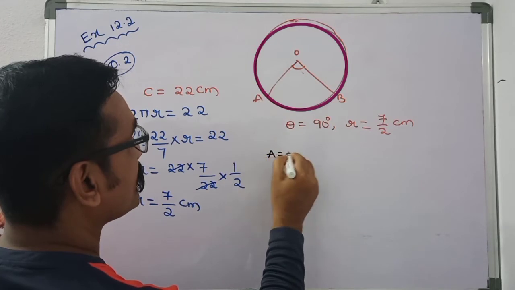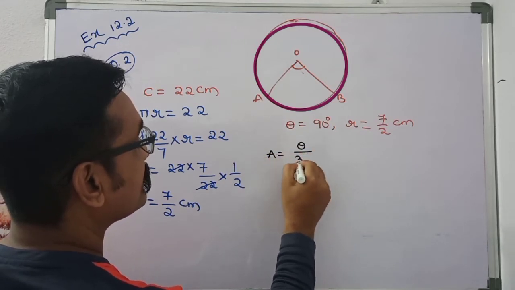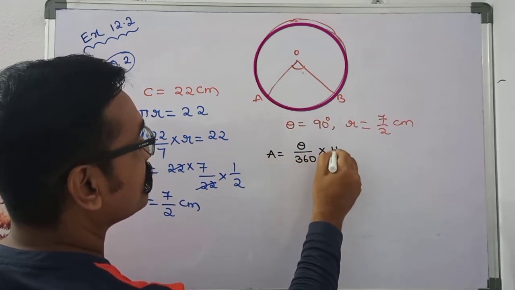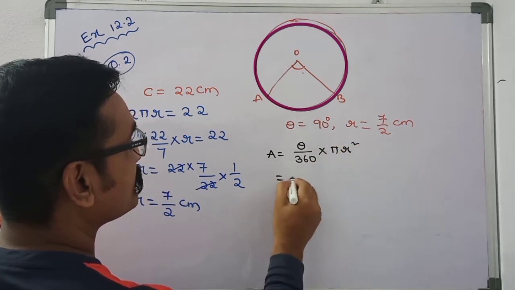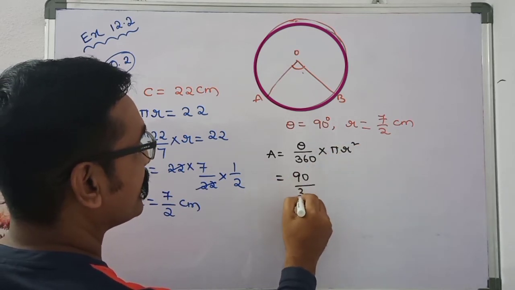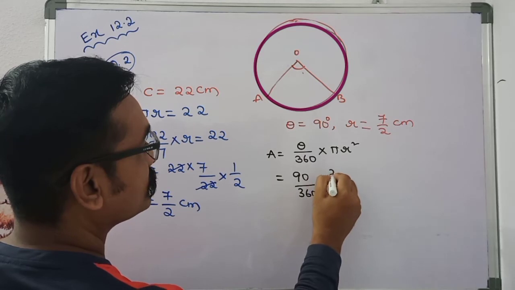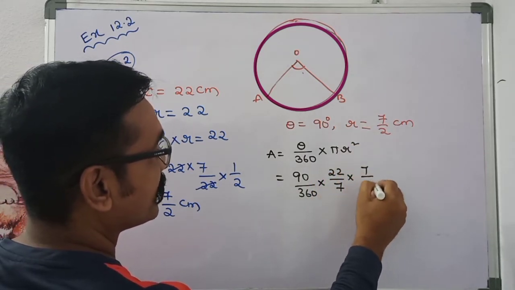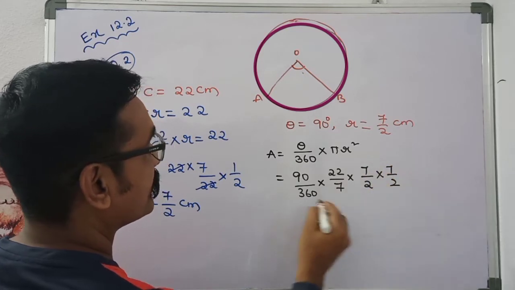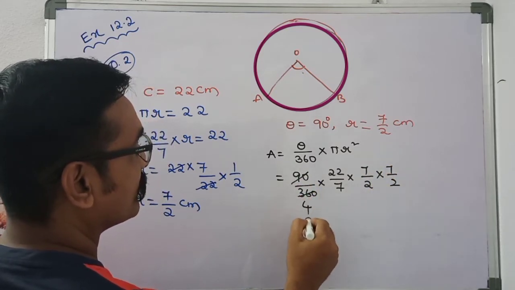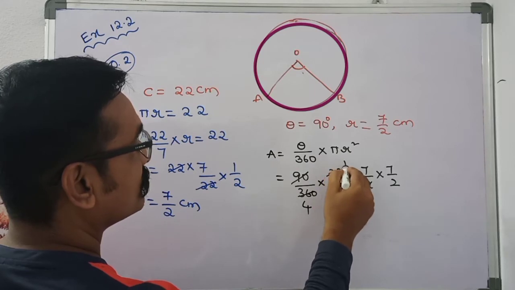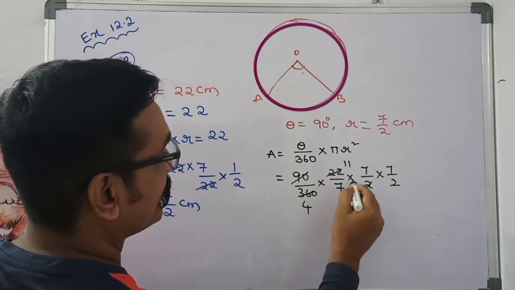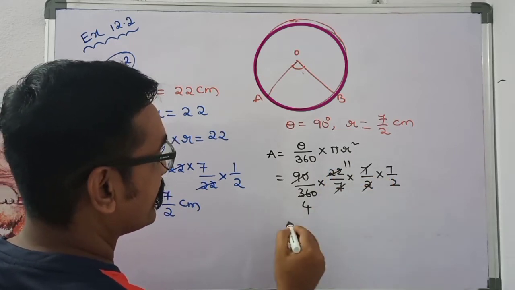Area equals theta by 360 degrees into pi r square. Now substitute all the values: 90 by 360 into 22 by 7 into 7 by 2 into 7 by 2. 90 goes 4 times, 2 elevens are 22, 7 gets cancelled.